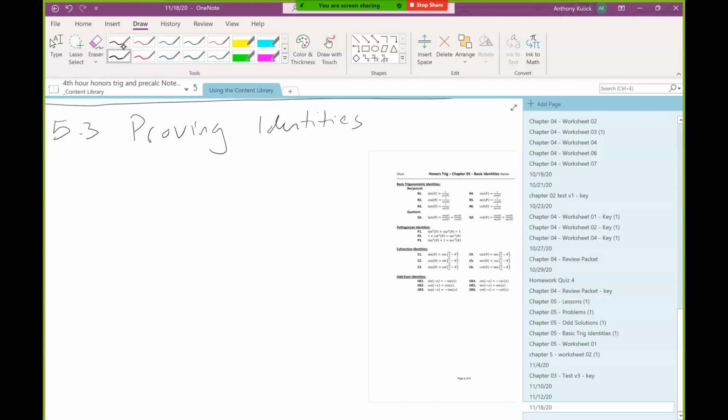So the idea with a proof, which is really what we're doing here, is you want to show why two things are equal. The way we're going to do that is show how we get from one side of the equation to the other side using only basic algebra or identities from our identity sheet.